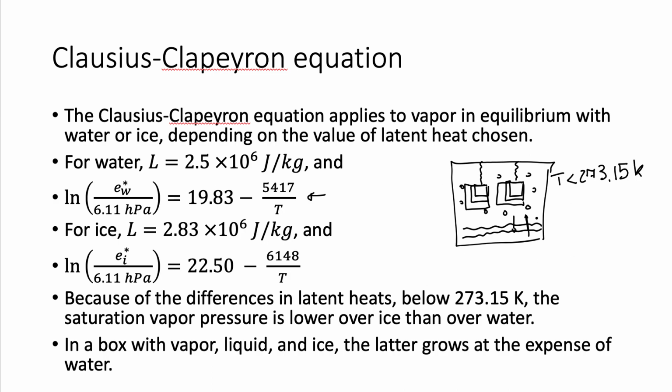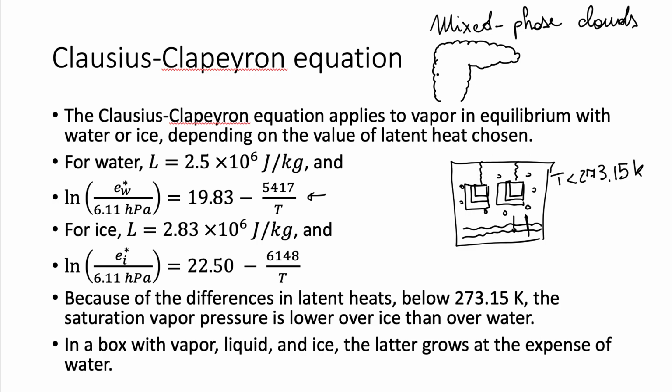Now this might seem like a really awkward system, and you might think, when are we ever going to have something like this in nature? Well, you could have so-called mixed phase clouds. Some examples: thunderstorms. Now I'm going to draw a thunderstorm. Ready? So this is the thunderstorm cloud, and this is the anvil of the thunderstorm. Better than I thought, actually.